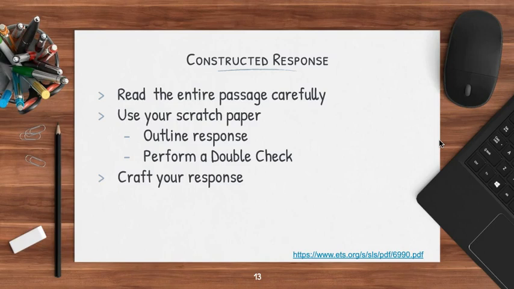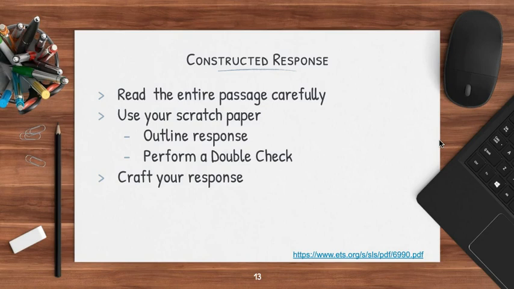So when you come across a constructed response question, it's really important to read the entire passage of that question carefully and to make sure that you're using the scratch paper to really outline your response, and then read the passage again and perform a double check to make sure you've got all of the components in that constructed response.